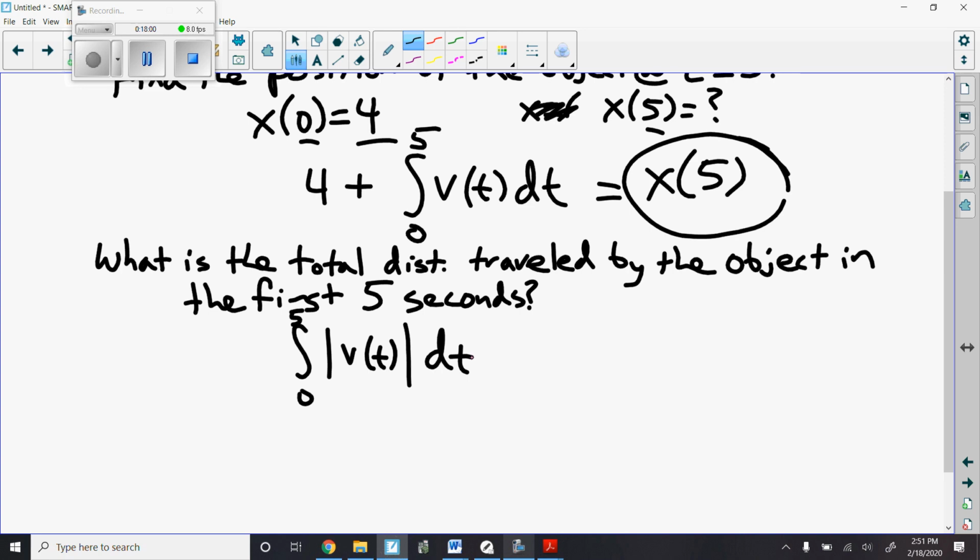That absolute value is going to count both moving to the right and moving to the left, not as a positive area and a negative area, but counting it all as positive area to figure out my total distance traveled. Okay, so we want to keep these two things, know the difference between them. Let me just show you one more quick example through a graph here.